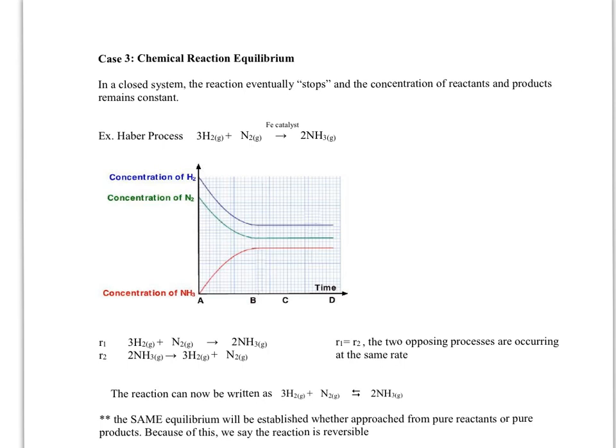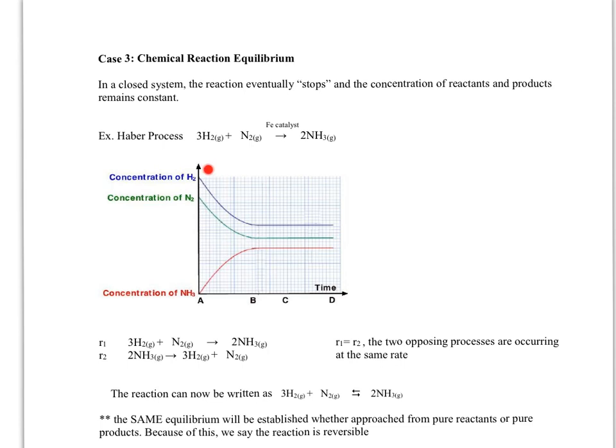At time 0, we don't have any ammonia. But as the reaction proceeds, it will start to increase, but then it stops. It seems to stay at the same concentration. It's not going up or down. It literally is like it's stopping.